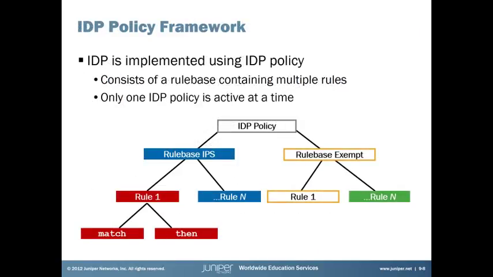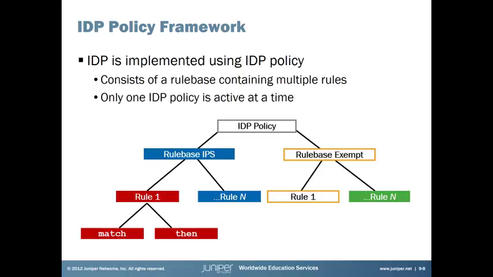So let's get into looking at the components of IDP. We start off with an IDP policy. Policies contain things called rule bases, which is a whole collection of rules, and the rule bases have matching criteria and they have actions.